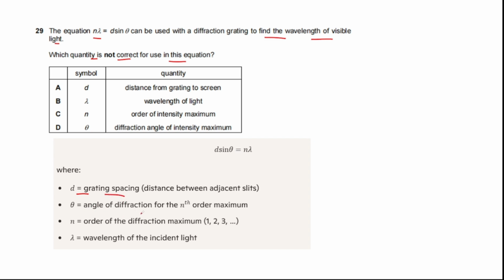Theta is the angle of diffraction for the nth order maximum, n is the order of the diffraction maximum, and lambda is the wavelength. Here, D is representing the distance from the grating to the screen. It is actually represented by capital D, not a small d. So the correct option is option A.